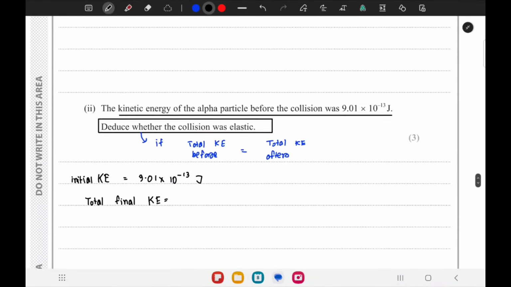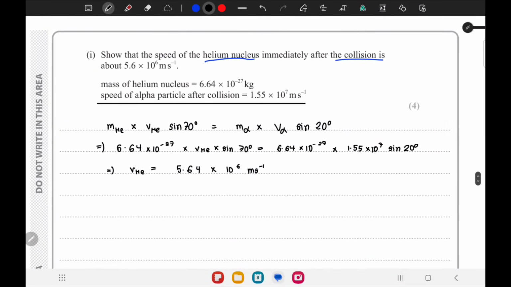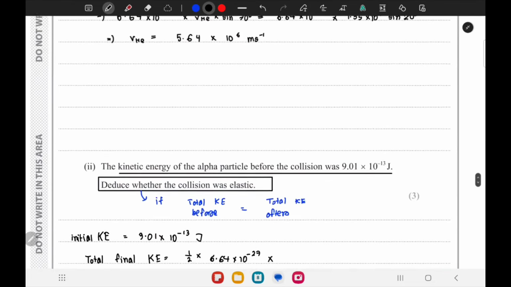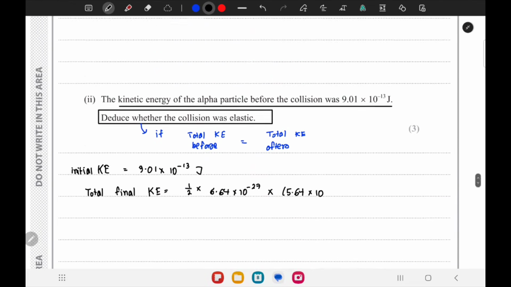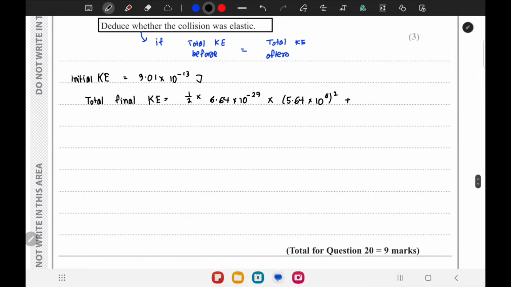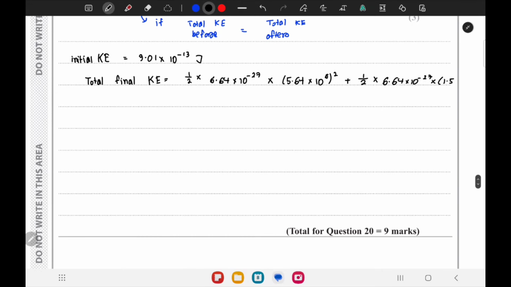It would be half into the mass of the helium nucleus, so 6.64 into 10 to the power minus 27 times the velocity of helium squared, 5.64 into 10 to the power 6 whole squared, plus the kinetic energy of the alpha particles, so the same mass over here, and its final velocity is 1.55 into 10 to the power 7.